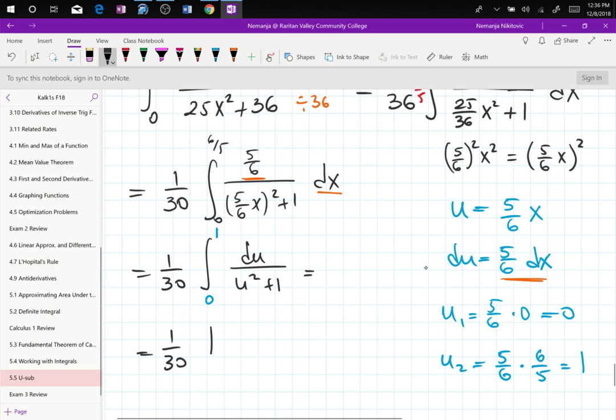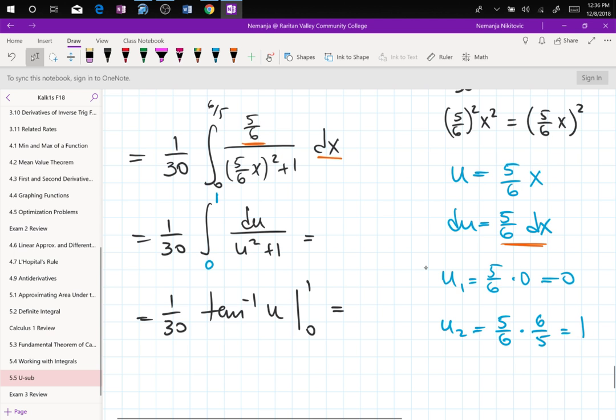1 over 30, inverse tangent of u, computed from 0 to 1, which is, inverse tangent of 1 is pi over 4. So, well, let's write it out.